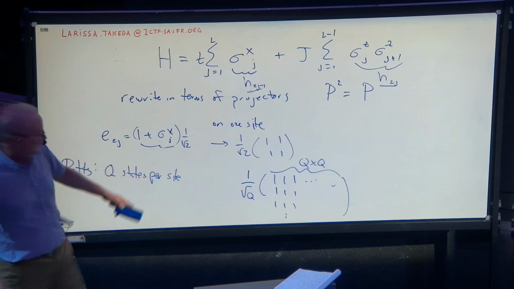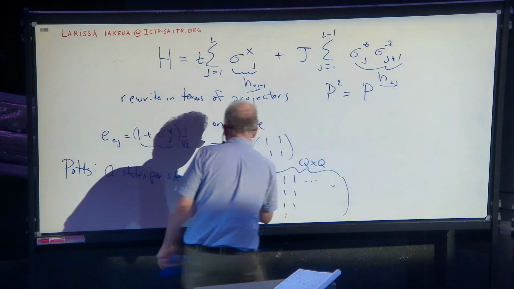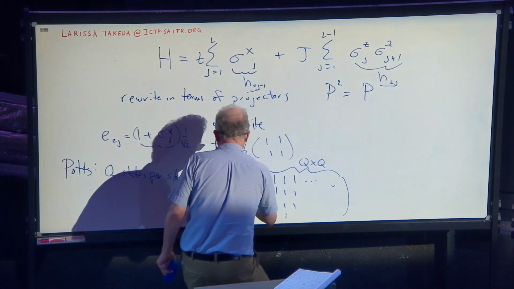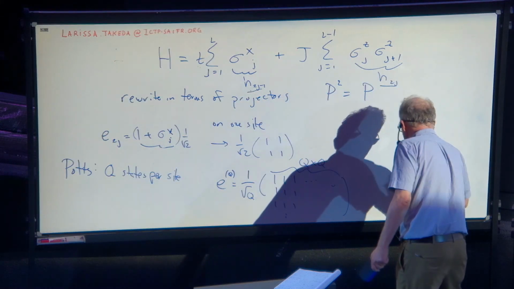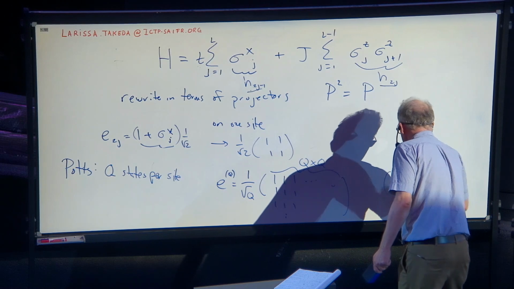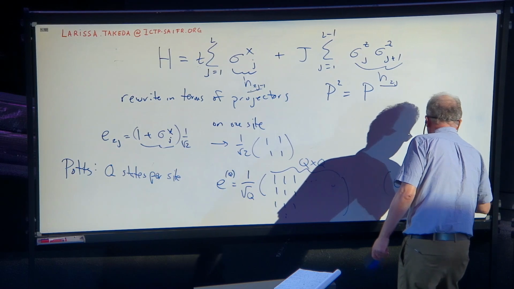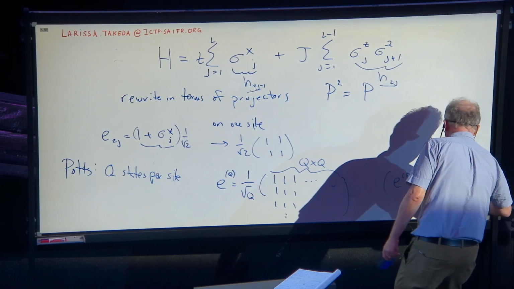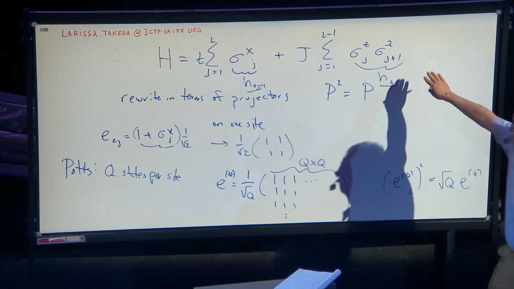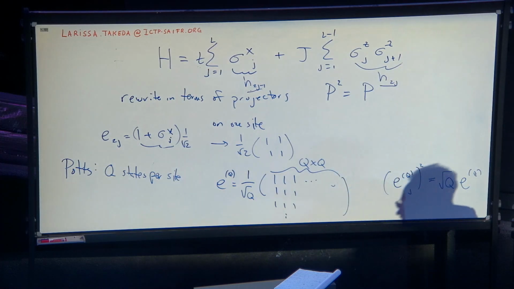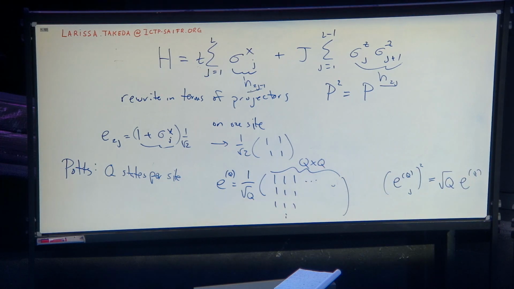We'll call this E, maybe with a Q there for a moment just to remind you that's the Q-state version. So E_Q squared equals square root of Q times E_Q. I'll get to that in a second. So we've just got a Q-state system and this thing.